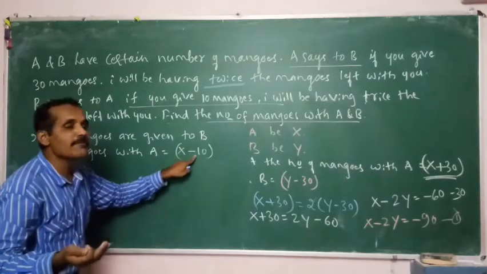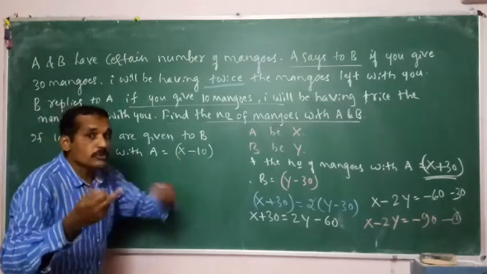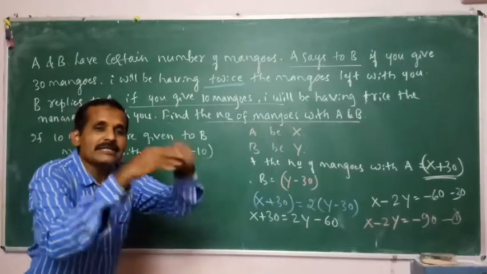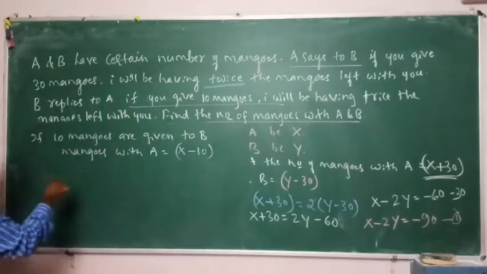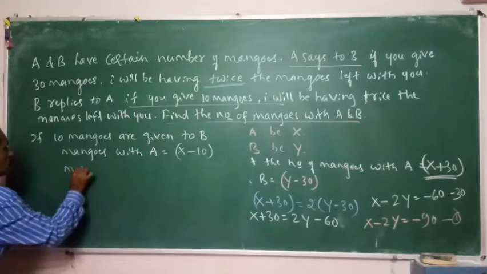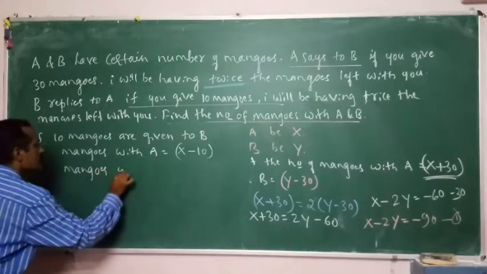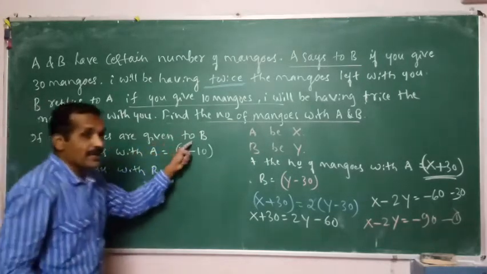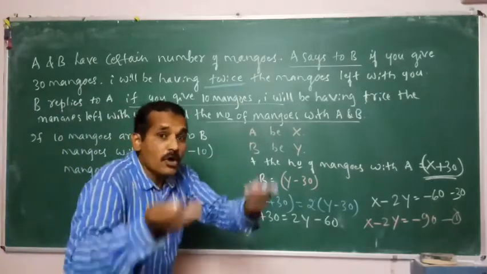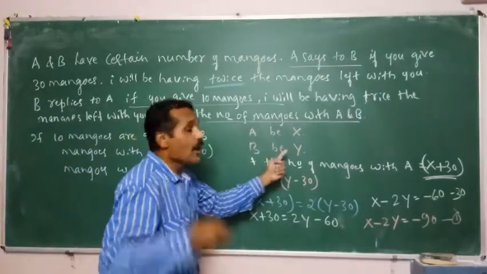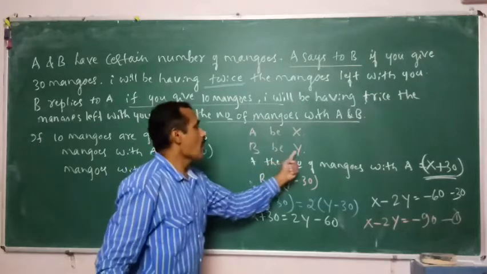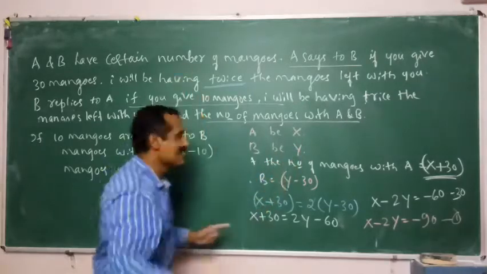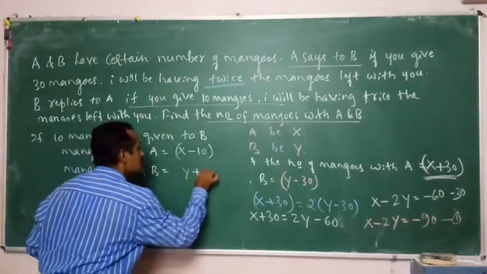A has given 10 mangoes to B. That means with B, 10 mangoes are more now. Mangoes with B is equal: 10 mangoes are given to B, then the mangoes will be more with B. How much more? 10 more. Already he is having y, 10 is increased. It is y plus 10.